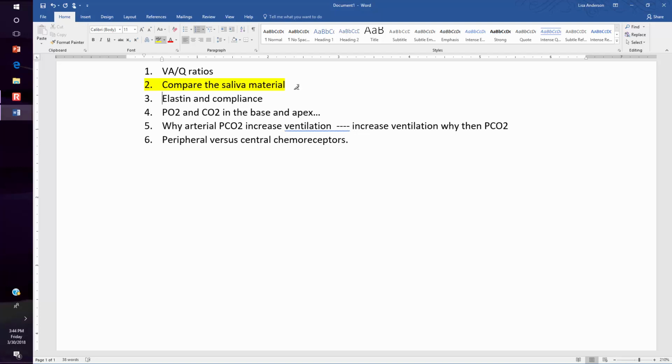In the second cell, we realize that water and CO2 can diffuse into a cell, can find an enzyme called carbonic anhydrase, and make bicarb and hydrogen ion.